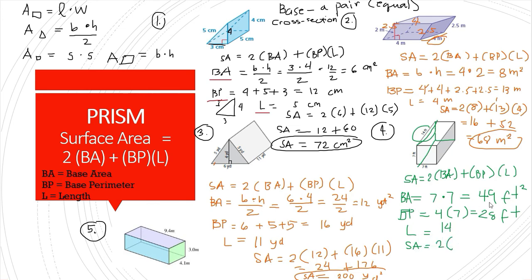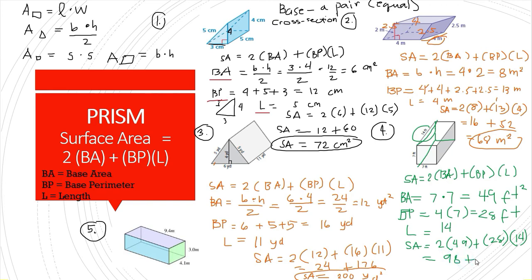It is 2 times your base area, which is 49, plus base perimeter, which is 28, times the length, which is 14. Right, multiply. What is 49 times 2? Right, 49 times 2 is actually 98.